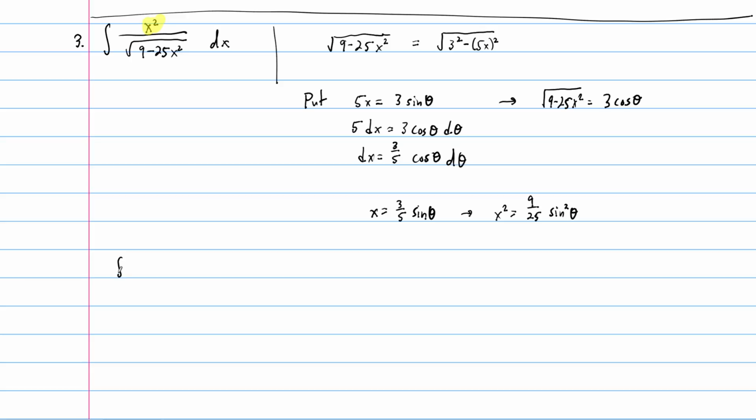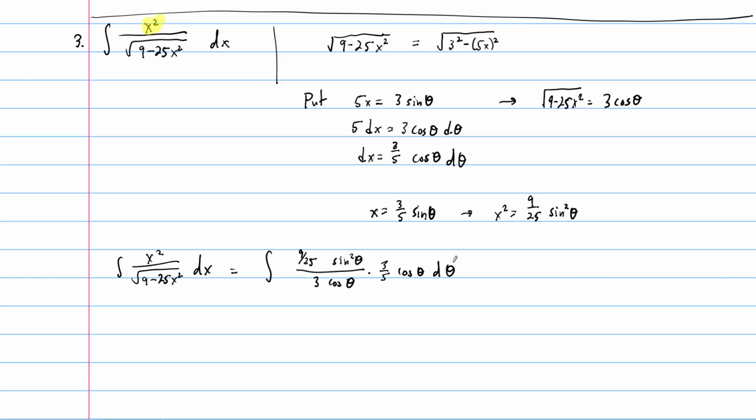So our integral of x squared over the square root of 9 minus 25x squared dx becomes the integral of 9 over 25 sine squared theta, over 3 cosine theta, times 3/5 cosine theta d theta.